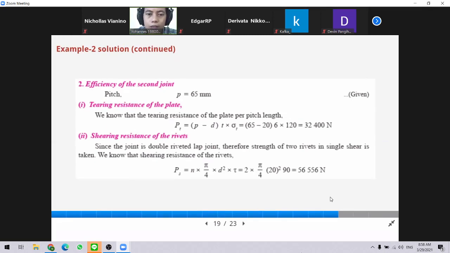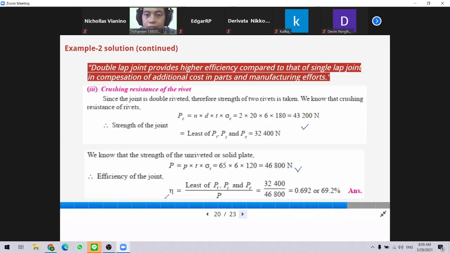And let's check the same calculation here. The tearing resistance due to tensional load is 32 kilonewton, and the shearing resistance on the surface of the rivet is 56 kilonewton, and for the crushing we have 40 kilonewton.